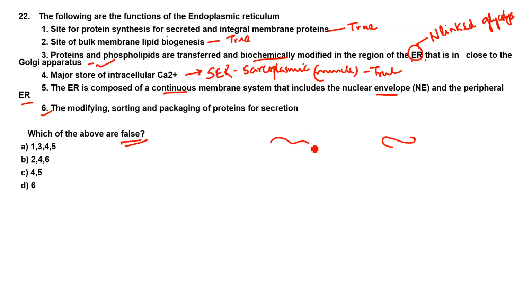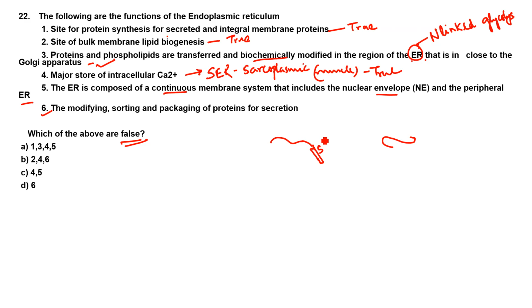When a protein is synthesized, there are N-terminal sequences with specific amino acid sequences which determine where the protein has to be transported, whether it will be a part of the membrane structure of the endoplasmic reticulum, or whether it will be present in the lumen.